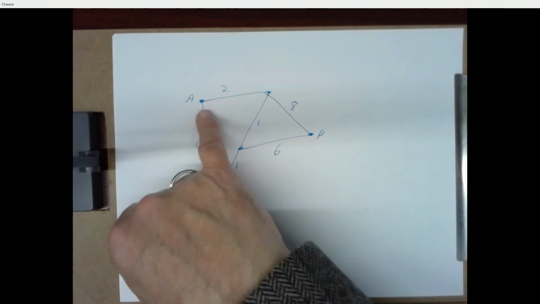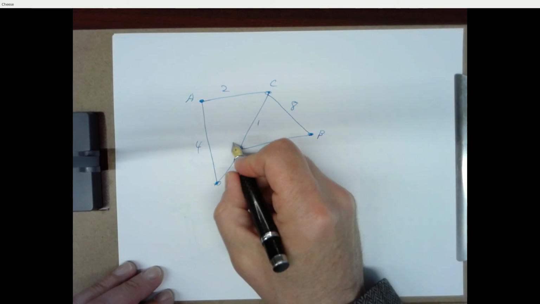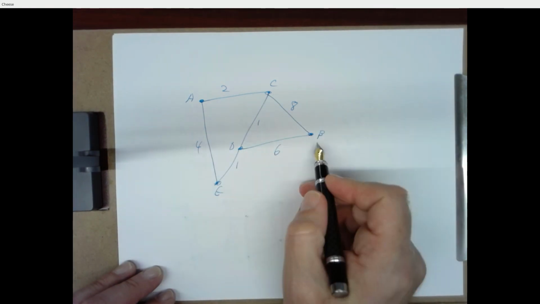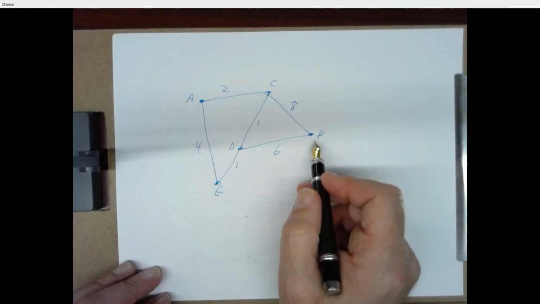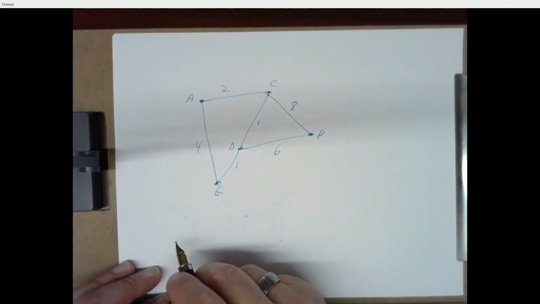And in this case, let me call these something else. Let me call this C, D, and E. Going from A to C to B is going to have a total length of 10. Going from A to E to D to B is going to have a total length of 11.